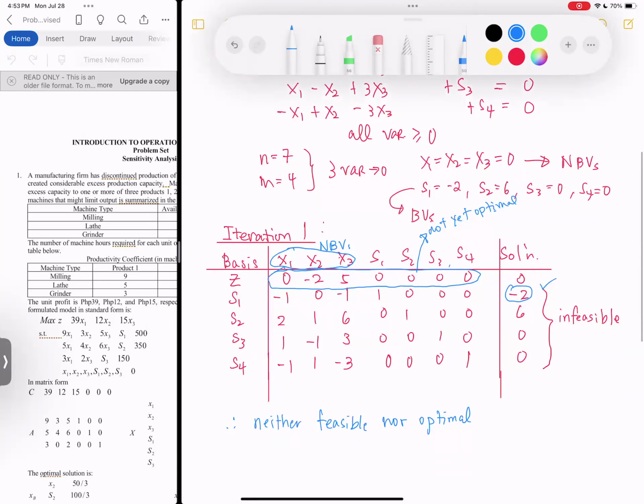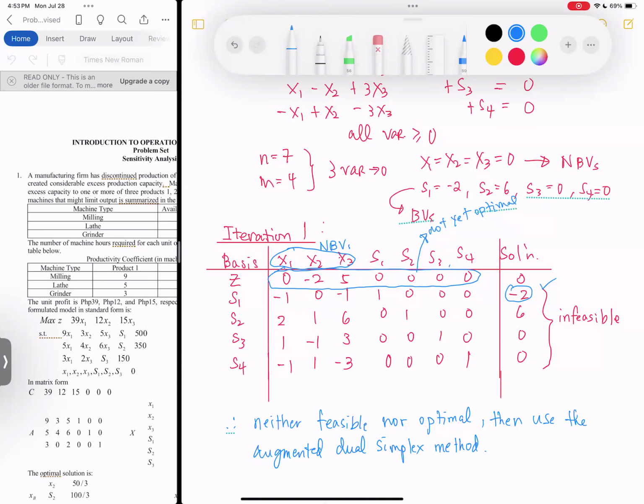Okay? So since this is neither feasible nor optimal, then use the augmented dual simplex method. That brings us to the next PowerPoint on augmented dual simplex. No, there are just 6 slides in that PowerPoint.